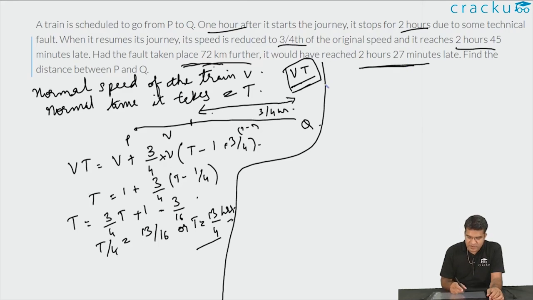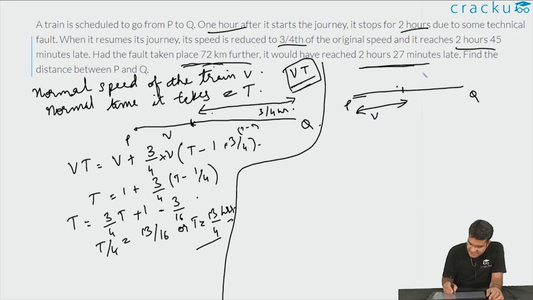So if you compare what has actually happened with this case, what has actually happened was, it has traveled 1 hour at its normal pace, and the remaining journey, so P and Q, it has traveled V kilometers at its normal speed, and the rest of the journey at a reduced speed.